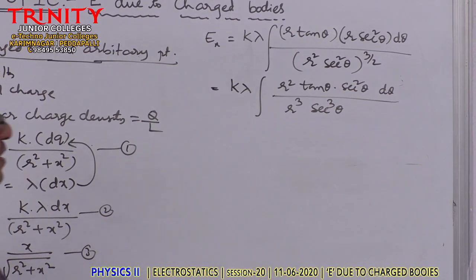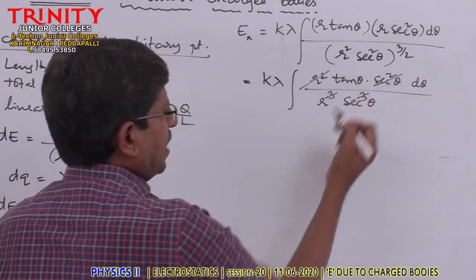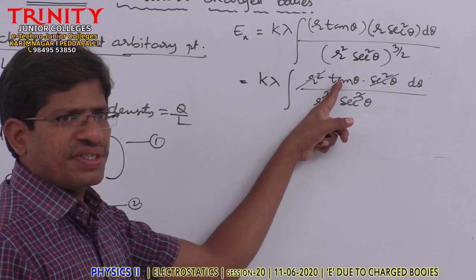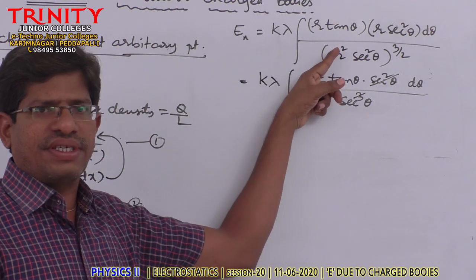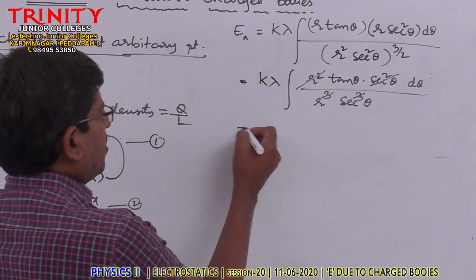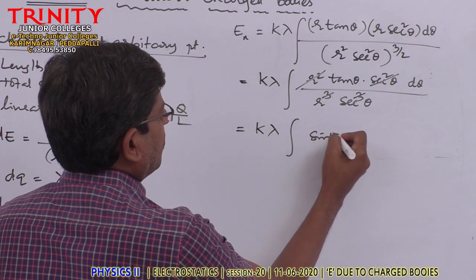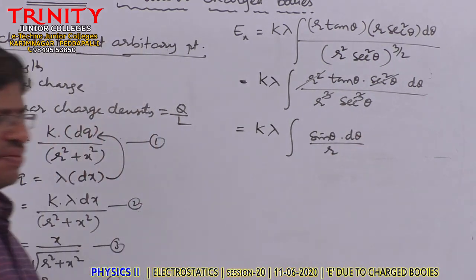What remains is, see, r square, 2 r's will cancel, sec square, 2 sec will be cancelled. Tan theta is nothing but sin theta by cos theta, sec theta is nothing but 1 by cos theta. So, cos thetas will also get cancelled out. Finally, what remains is sin theta d theta by r.